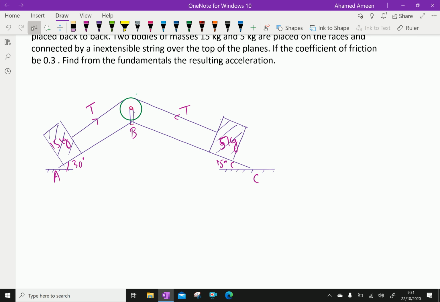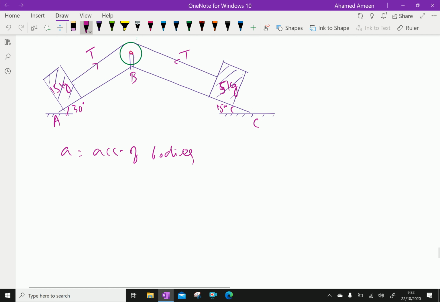Now we will do this problem from fundamental concepts. A equals the acceleration of the bodies, T equals the tension in the string.